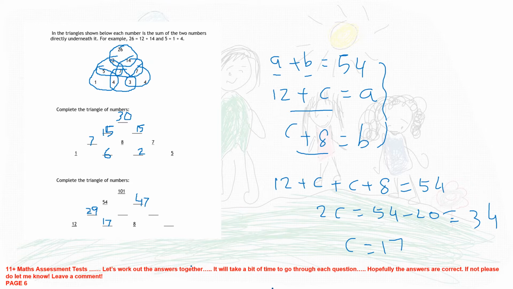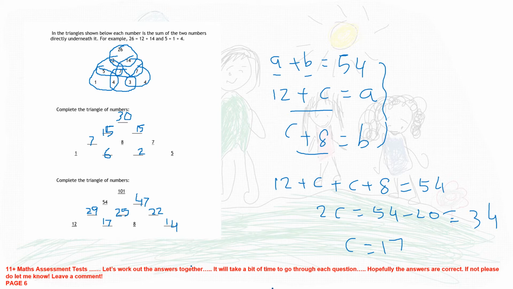And 54 minus 29 is 25, and 17 plus 8 is 25, so we are correct. And 47 minus 25 is 22, and 8 plus 14 is 22, so this is solved.